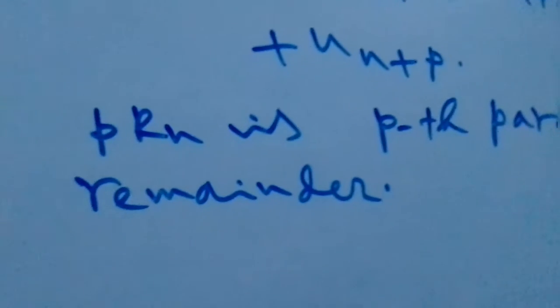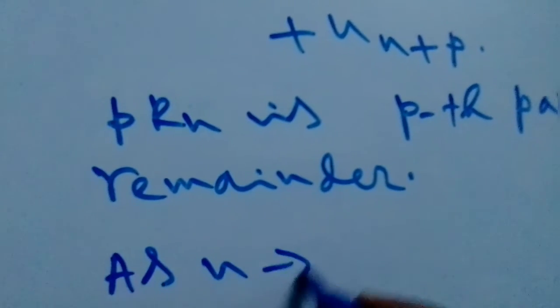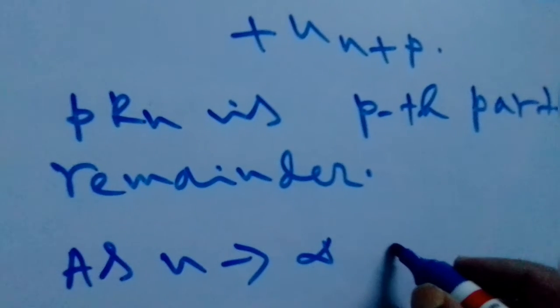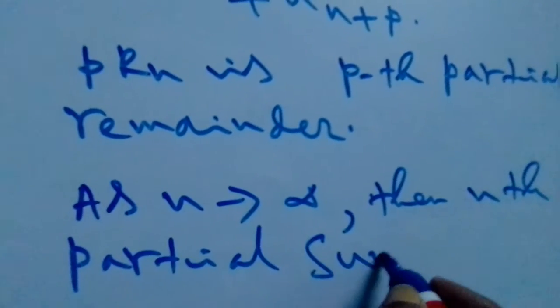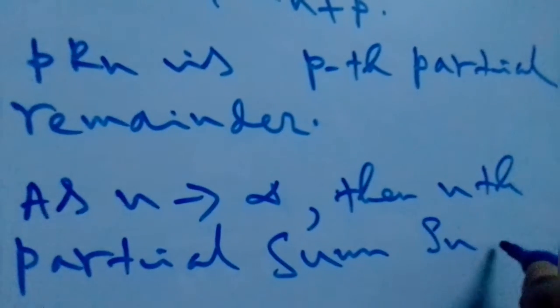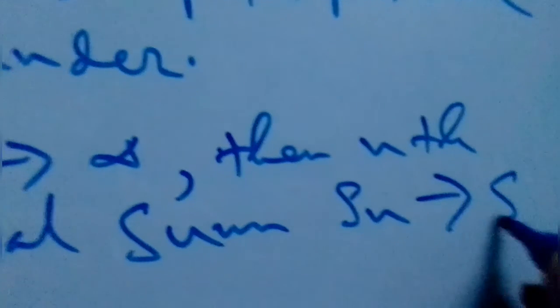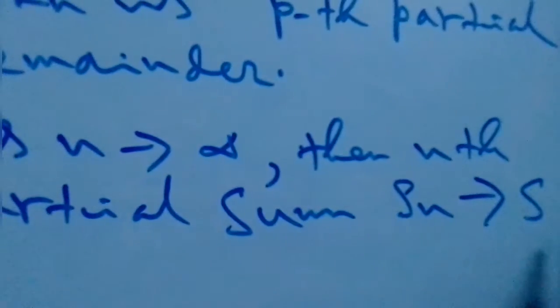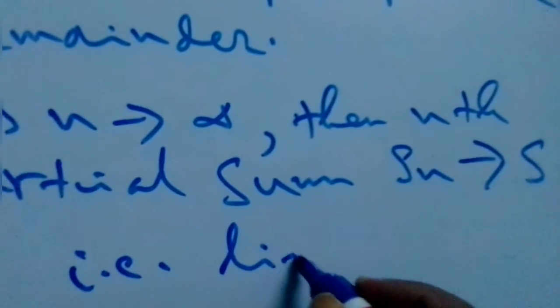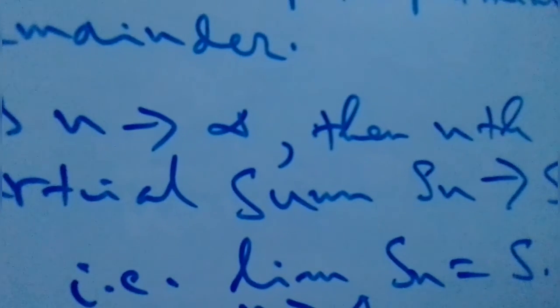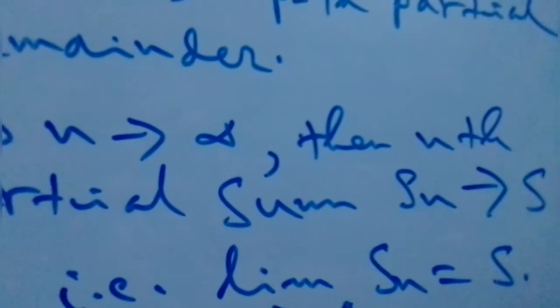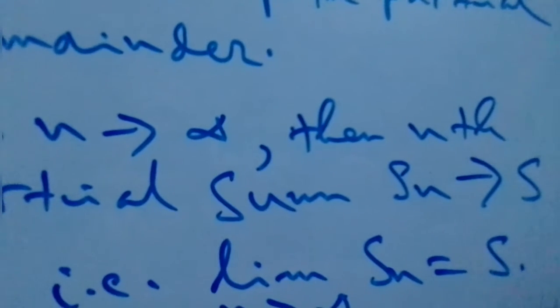Now as n tends to infinity, if the nth partial sum, called Sn, goes to a finite limit as n tends to infinity, in other words limit n tends to infinity of Sn is S, then the series is finite, and S is the sum in the sense of the limit of the sums.